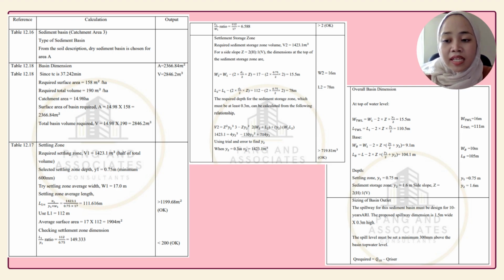For checking the settlement zone dimension, we get 49.333, which is smaller than 200, which means okay.